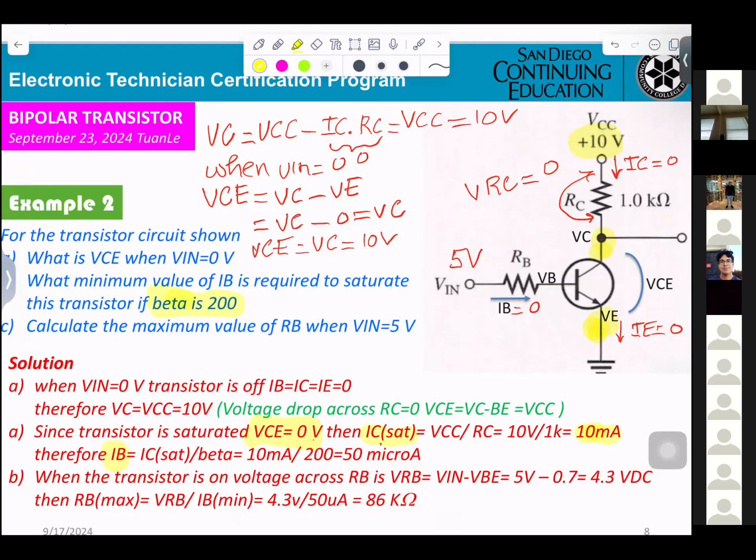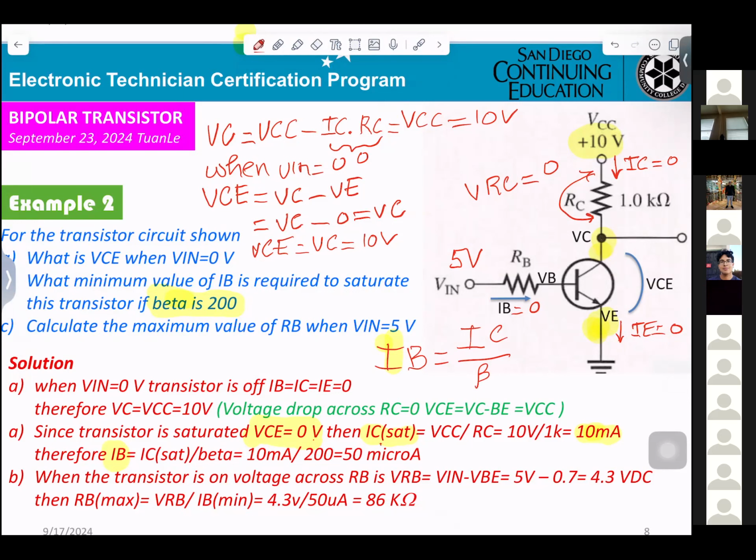Therefore, IB equals IC divided by beta. We already know that, right? So that's why you can calculate IB equal to 50 microamp.